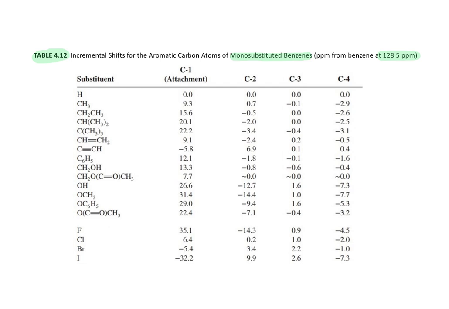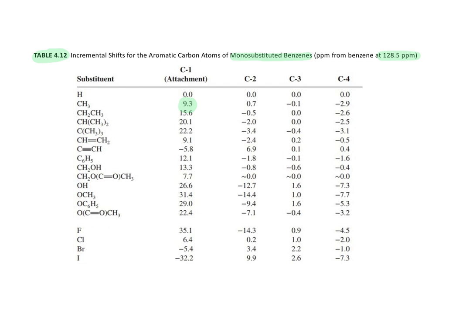However, the estimates often will apply to multiply substituted benzenes. In most cases, the substituent has a deshielding effect. For most of the groups that I have shown, these are electron donating substituents.